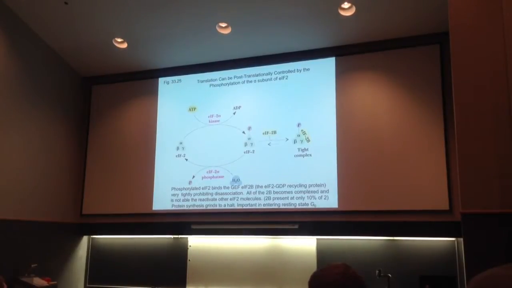Right? So in the absence of iron, this kinase is activated, phosphorylates EIF2, and shuts down protein synthesis. You don't make globin, because it would be useless since there's no iron. When the cell has iron, the iron binds to this kinase and inactivates it. The phosphatases are working all the time. This is really a cycle.